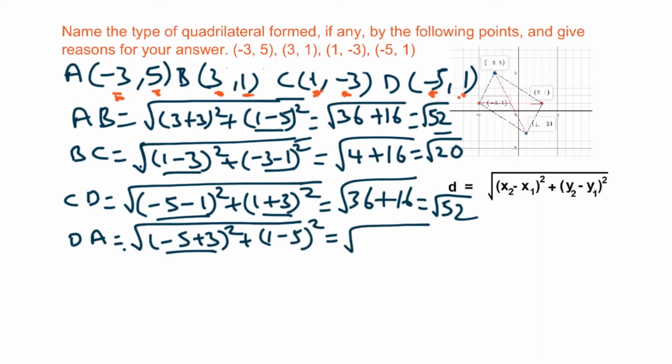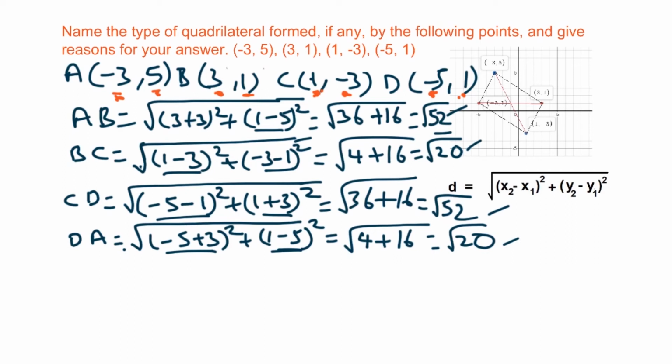So minus 5 plus 3 is minus 2, square is 4, and 1 minus 5 is minus 4, square is 16. 4 plus 16 is 20. So now here opposite sides are equal.